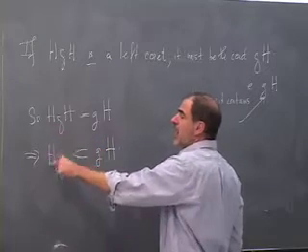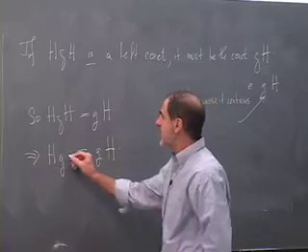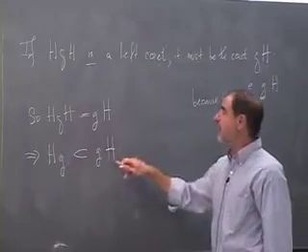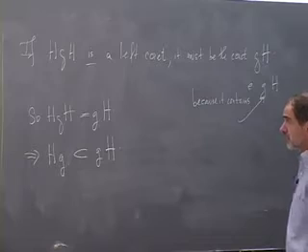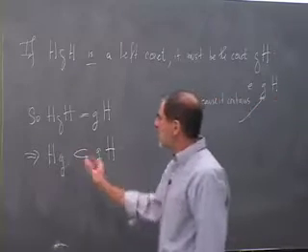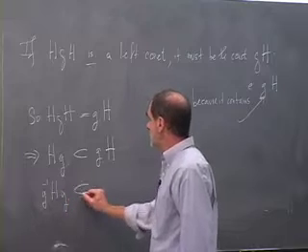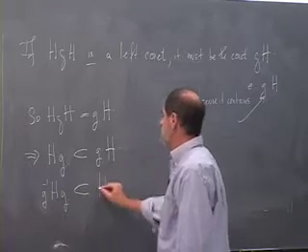Namely, this is H times G times the identity. So this right coset is contained in this left coset. In particular, conjugating by G, G inverse HG is contained in H.